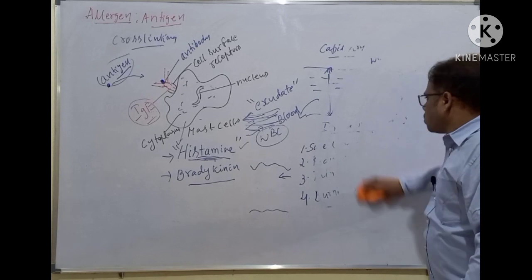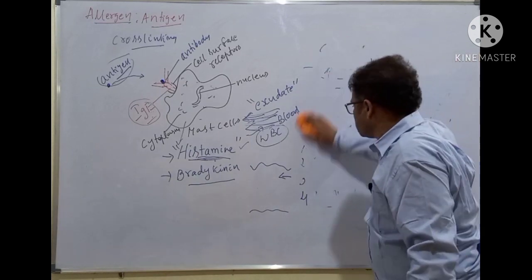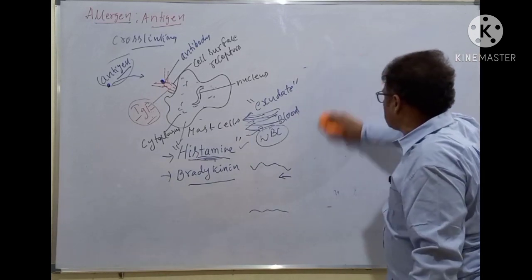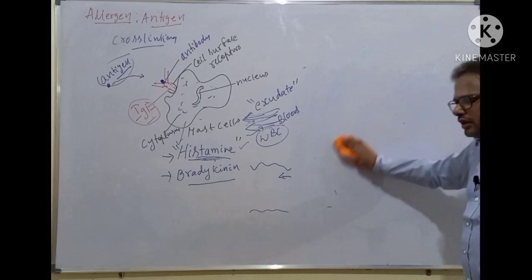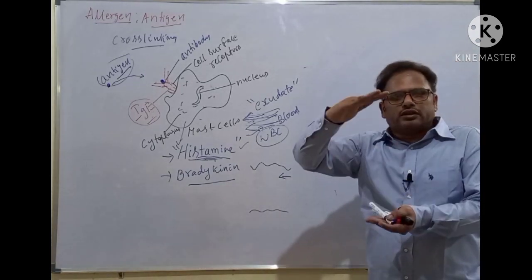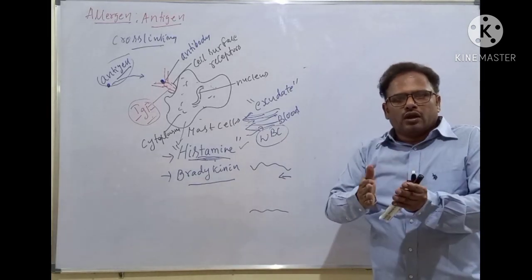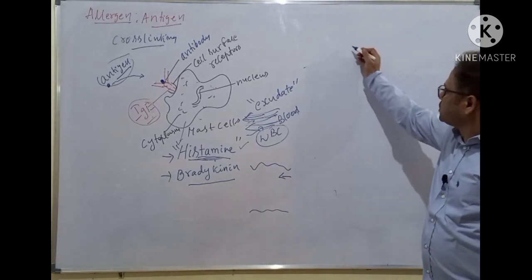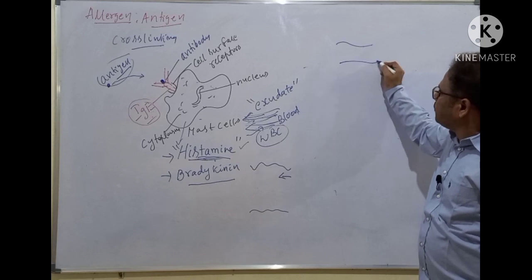Next one is vasoconstriction. What is vasoconstriction? Dilation means expansion. When there is more expansion of the blood vessel, that is called vasodilation. Suppose this is the normal blood vessel.